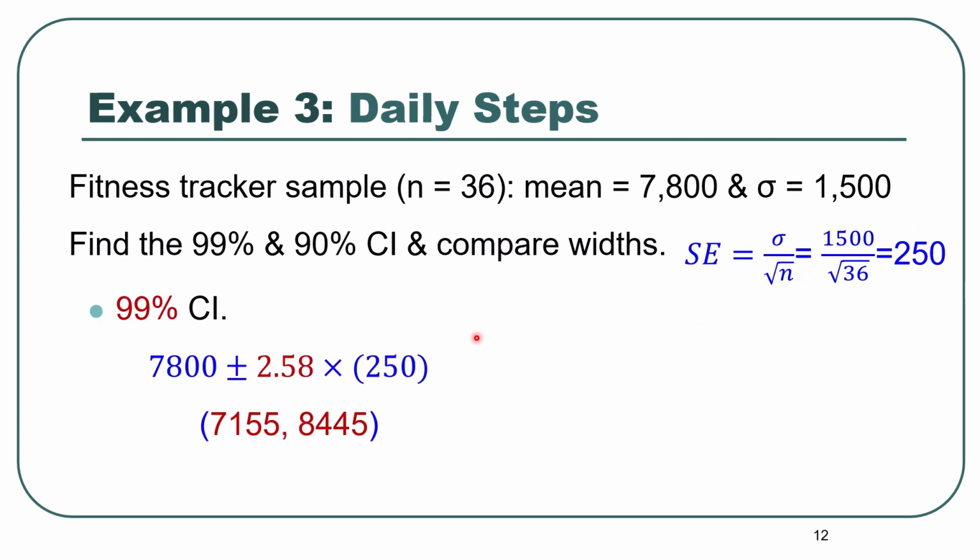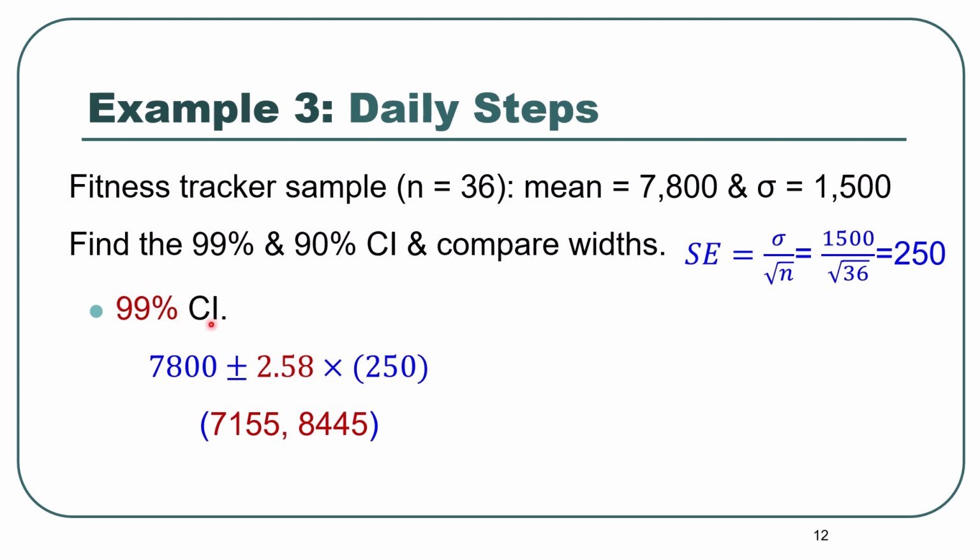And for the 99% confidence interval, using the usual confidence interval for the mean, x bar plus and minus margin of error, it will give me this confidence interval, which says that I can estimate with 99% the daily steps to be between that number and that number.